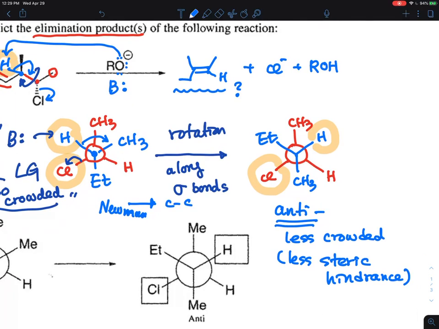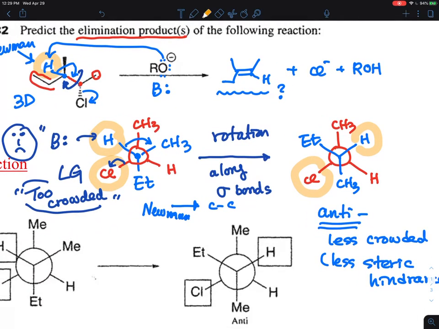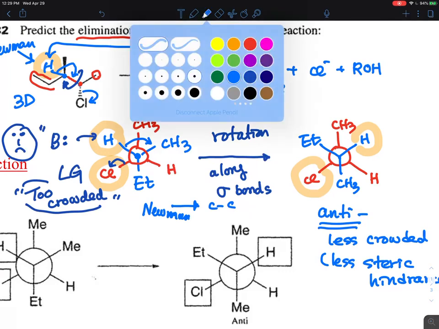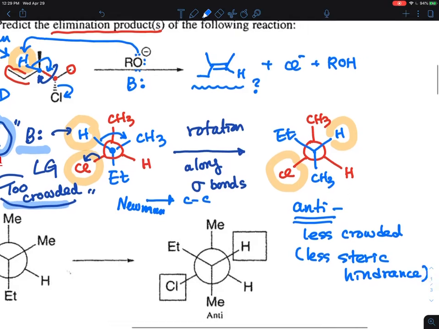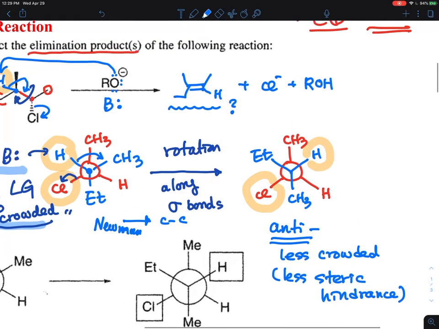So what that means is now you're looking at this unhappy scenario where the base coming in is too crowded. The situation has changed now. If you look at the base, hey, I'm the base, and I'm trying to take the hydrogen. Okay, this one is good. Then let me give this bond as forming a double bond, and then let me kick this one out.